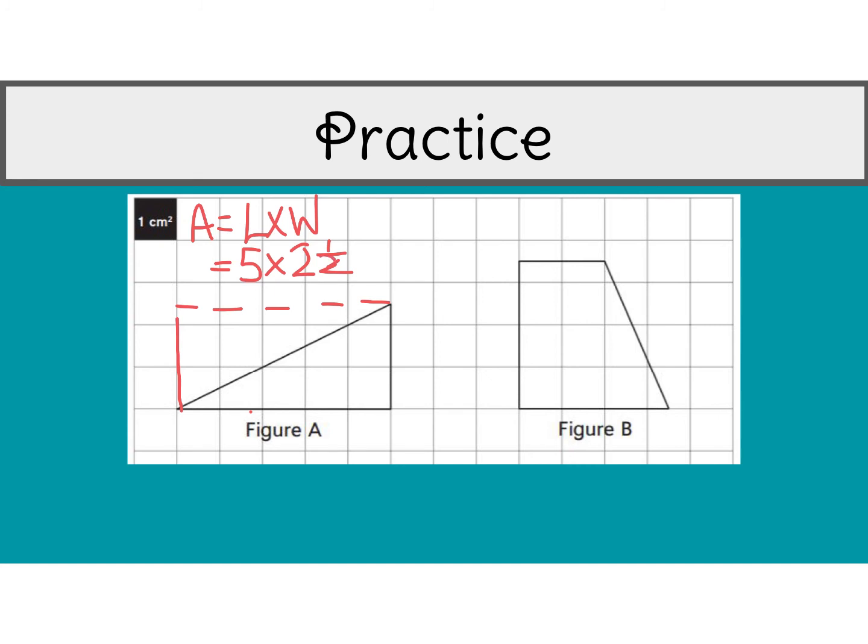My stylus is not wanting to write correctly there. All right, so basically we have 5 times 2 1/2, which is going to equal 5 times 2 is 10, and 5 times 1/2 is 5 halves, and 5/2 turns into 12 and 1/2.